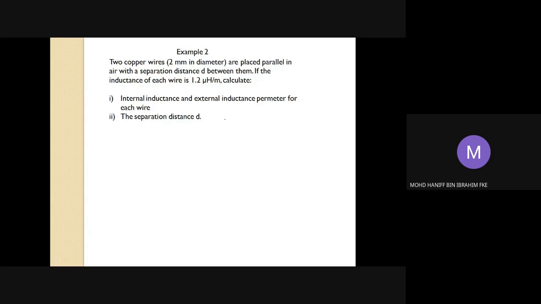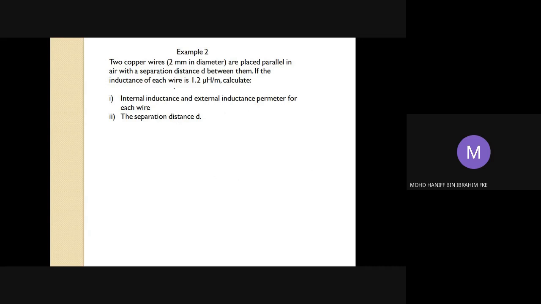Then I think it's clear on this example number 1. I hope there should be no more questions on this. Example number 2 is basically related to about the same problem, but the difference is that we have values. Given two copper wires having 2 millimeters diameter for both wires, placed parallel in air with a separation distance d between them.